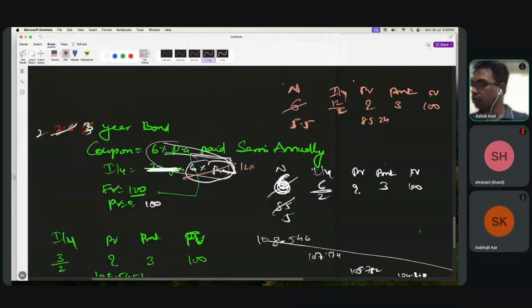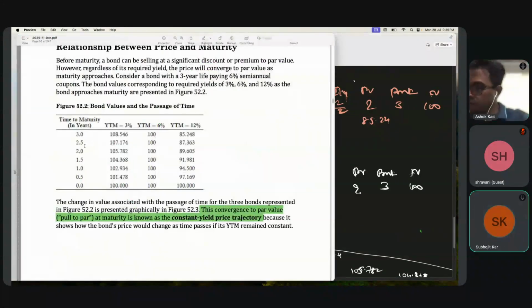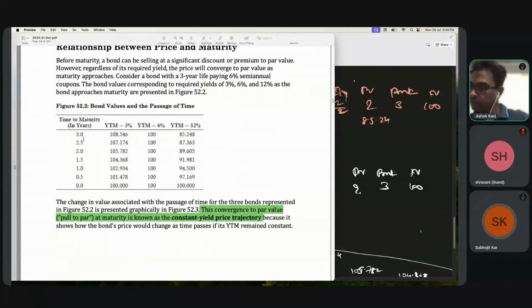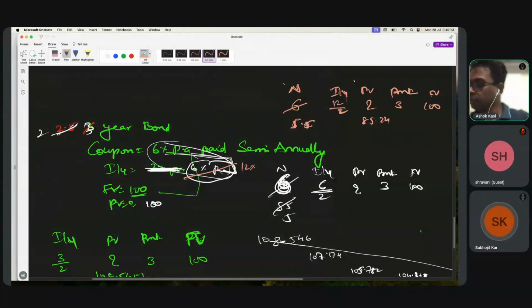I took N wrong as 5.5. N is not 5.5, it should be 5 only.